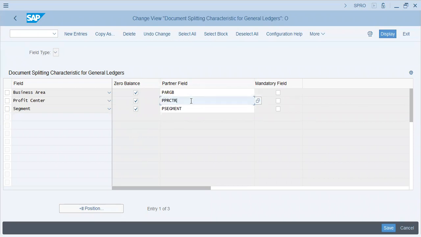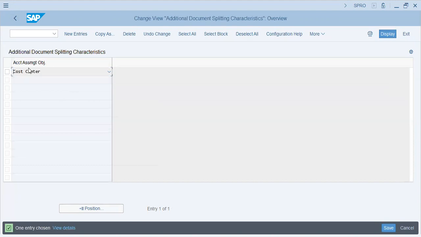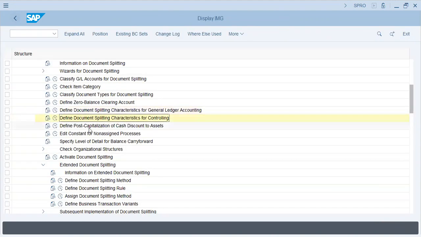So it is intermediary account, and these are characteristics. On the basis of profit center, we can split. Actually, document splitting for characteristics for controlling, that will be cost center, because every cost center represents a profit center. Okay.